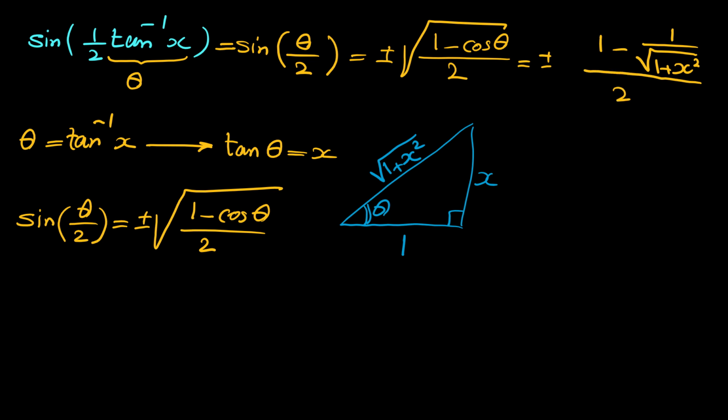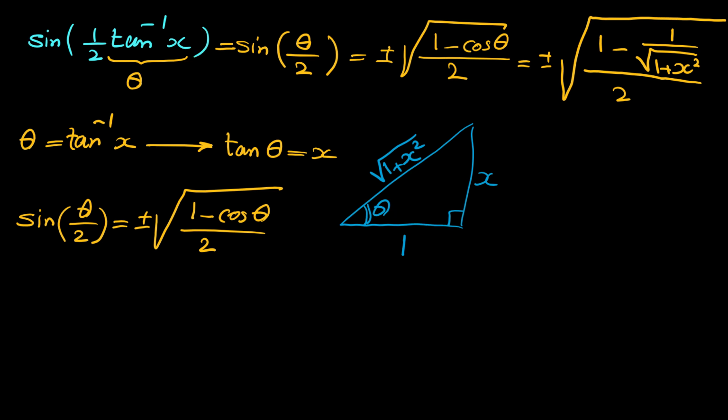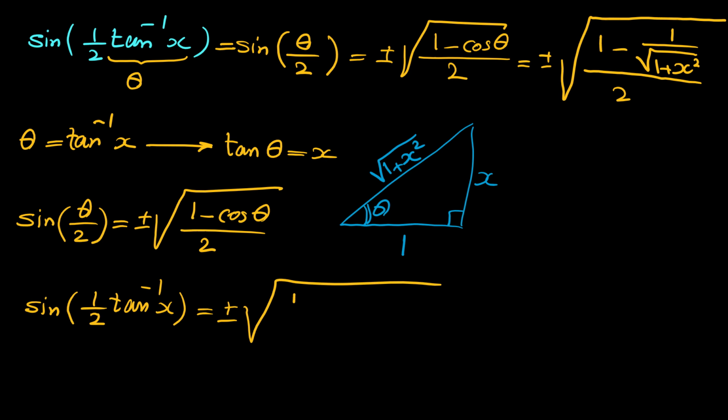Let me make my radical bigger because it should cover everything. This is the answer for this expression. Sine of 1/2 of arctangent of x equals plus minus radical of (1 minus 1 over radical 1 plus x squared) all over 2.